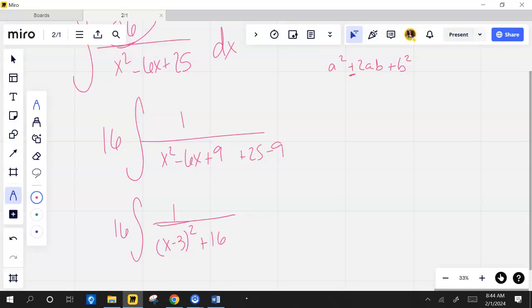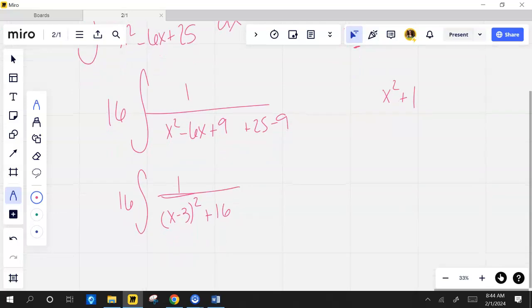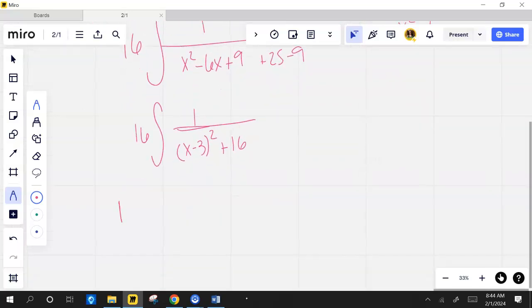Okay, so now I'm starting to see what it's kind of looking like, right? I'm thinking I could manipulate it to look like an inverse tan. Do you see that? Inverse tan, remember, is the x squared plus 1. Yes? I need to get rid of the 16. Do you agree? How do I get rid of it? Well, what if we just factor it out? You can't subtract it.